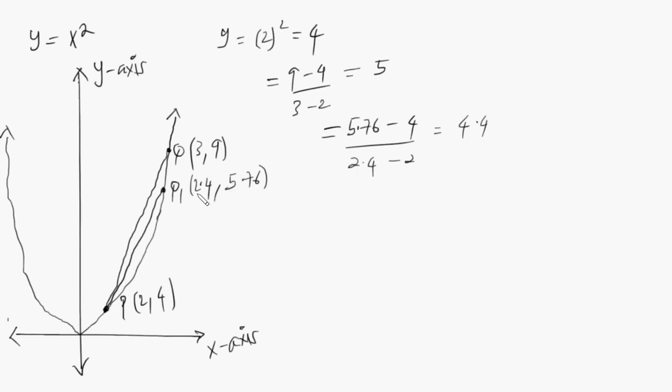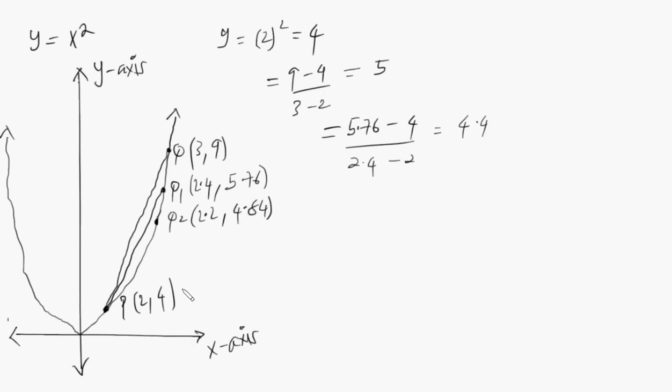What if now Q comes even closer to P, somewhere here at Q2, where x now is just 2.2, so it means y is just 2.2 squared, which is 4.84.